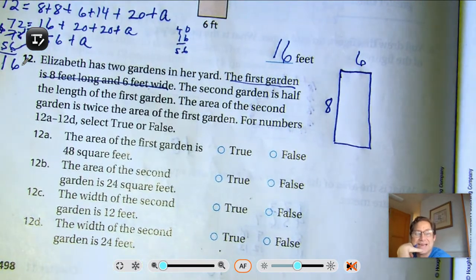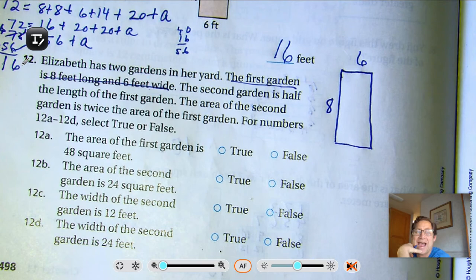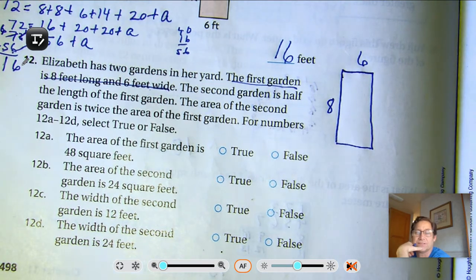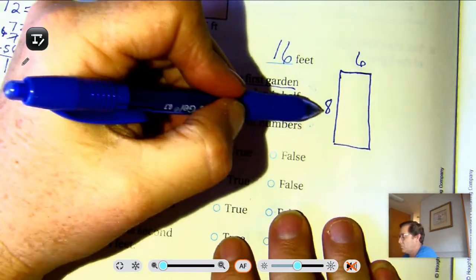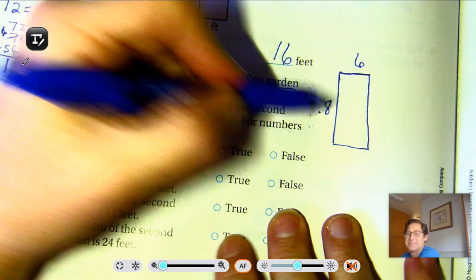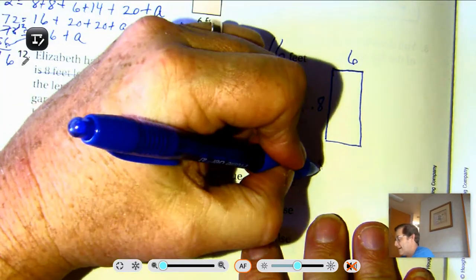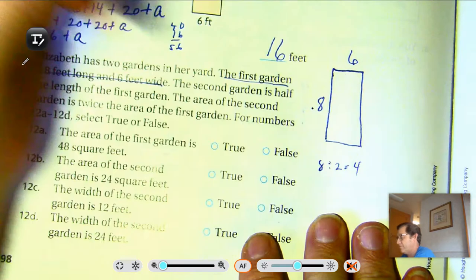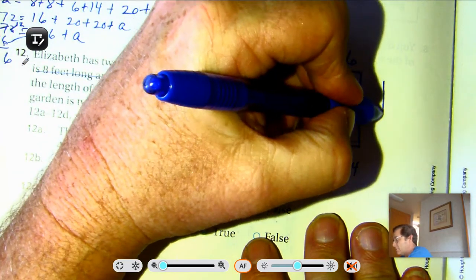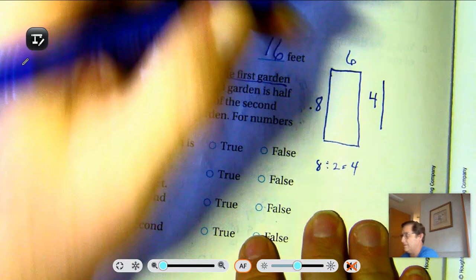Then they said the second garden is half the length of the first. Well, the first one is 8. So what's half of 8? What's 8 divided by 2? 4. Okay, so this garden has a length of 4.